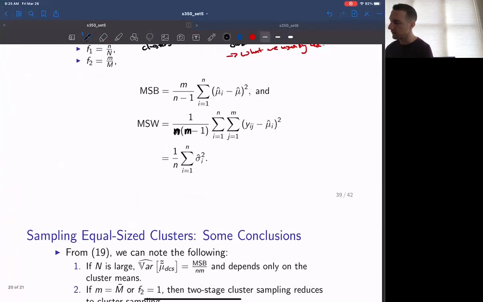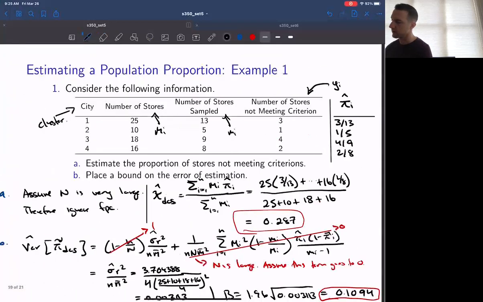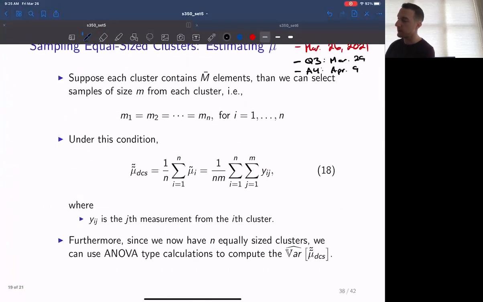You can see that on a few occasions, for example on slide 38, you have samples of size M from within each cluster. So we're actually taking little m to be the number of observations per cluster rather than the total across all the clusters. So I'm going to put an mi here so we can keep the same definition. So it's going to be mi from within each cluster. And then we would also have mi here.